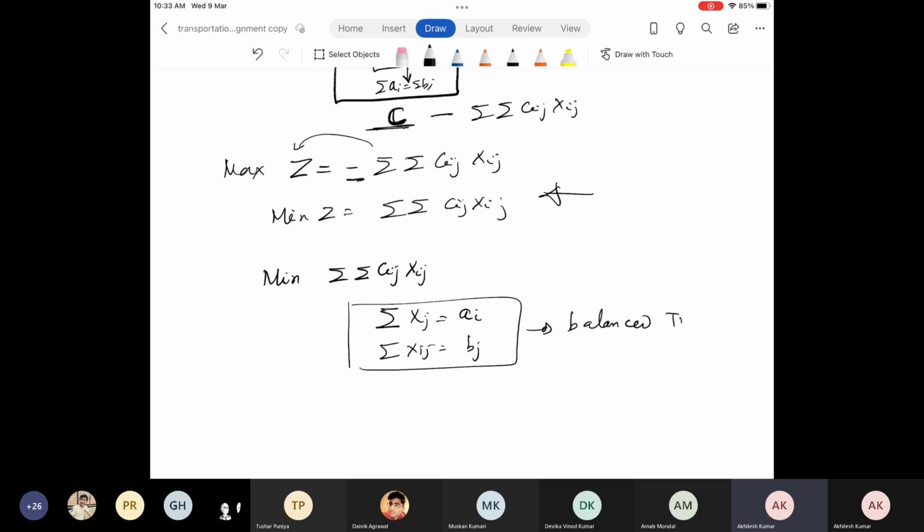Because of the balanced transportation problem only, we were able to make all the algorithms we have seen. Now, in real life, you do not necessarily have an abundance of supply or demand balanced. So let's look at the unbalanced transportation problem.